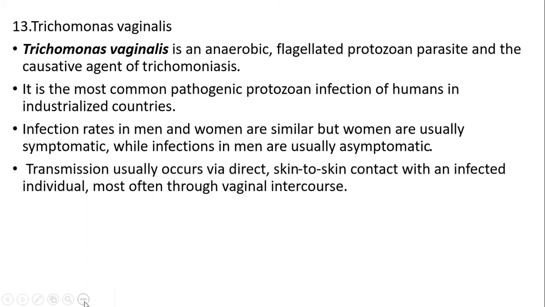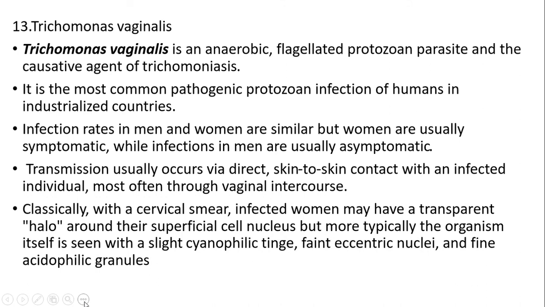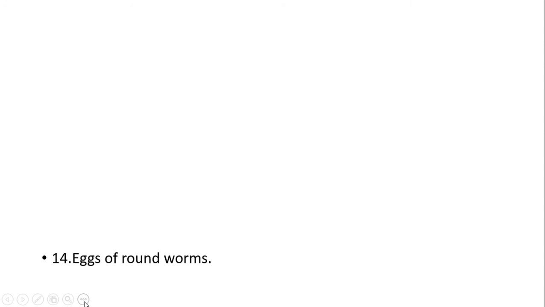Transmission occurs via direct skin-to-skin contact with the infected individual, most often through vaginal intercourse. Classically, on a cervical smear of an infected woman there may be a transparent halo around the superficial cell nucleus, but more typically the organism itself is seen with a slight cyanophilic tinge, faint eccentric nuclei, and fine acidophilic granules.